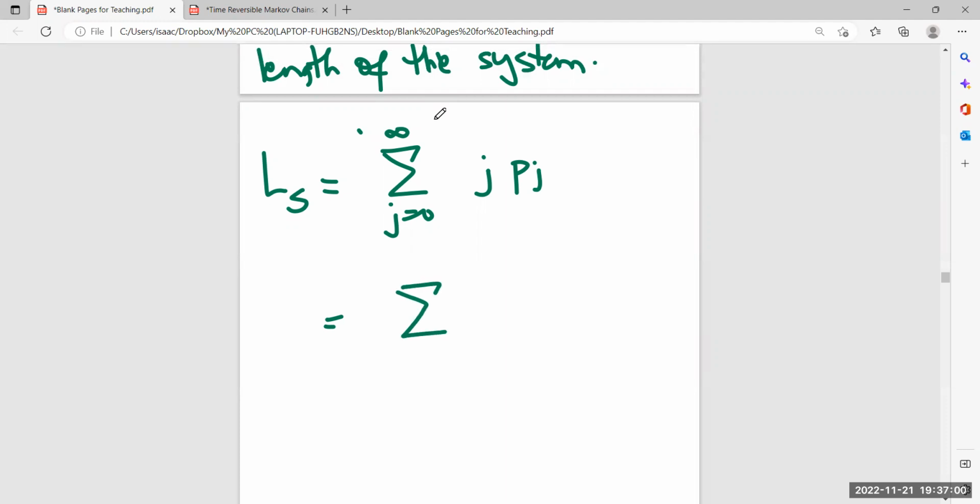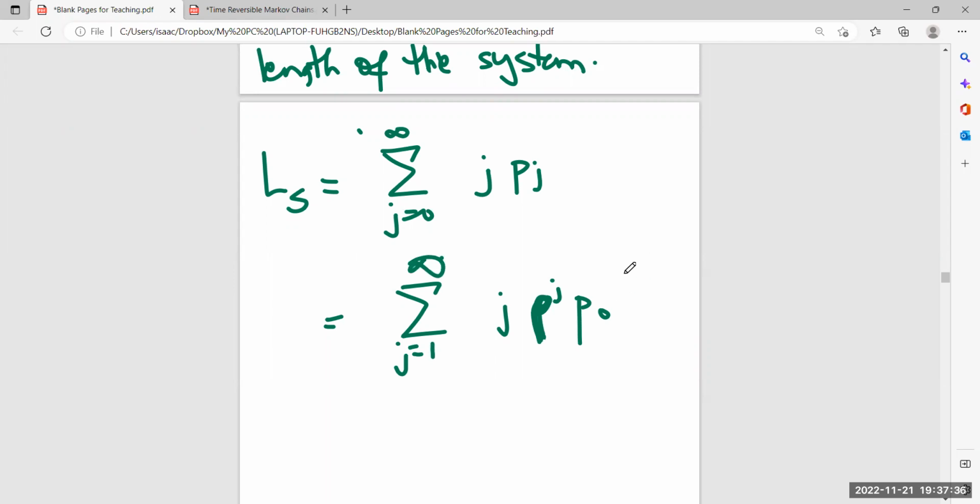So this is j times rho to the j times P0, with j equal to 1 to infinity.